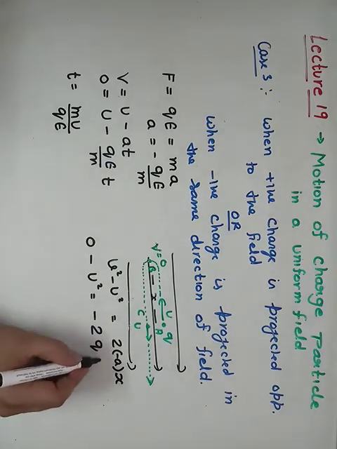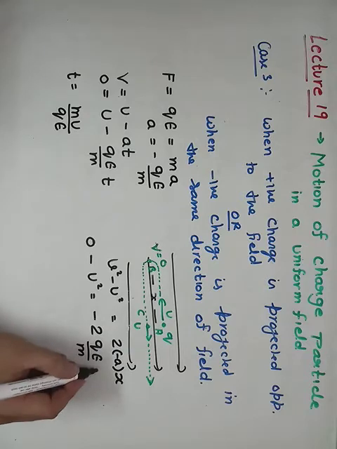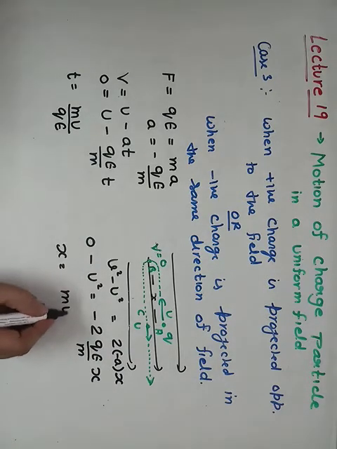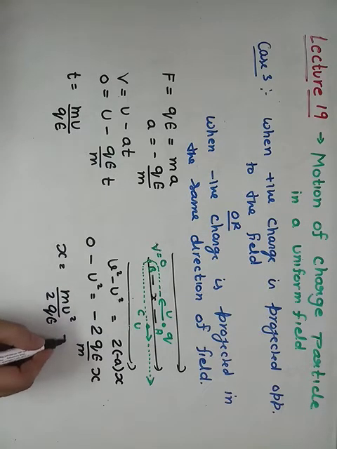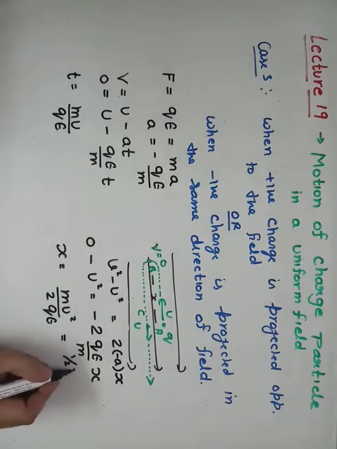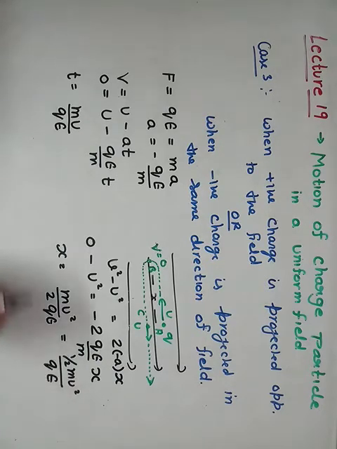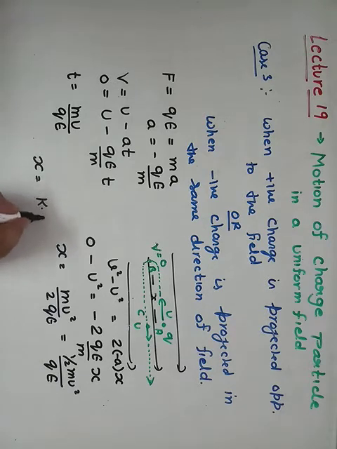A is QE by M, so x will be m u square upon 2QE. You can write it as half m u square upon QE. That is, you can find x equals kinetic energy upon force. This is the formula for x.